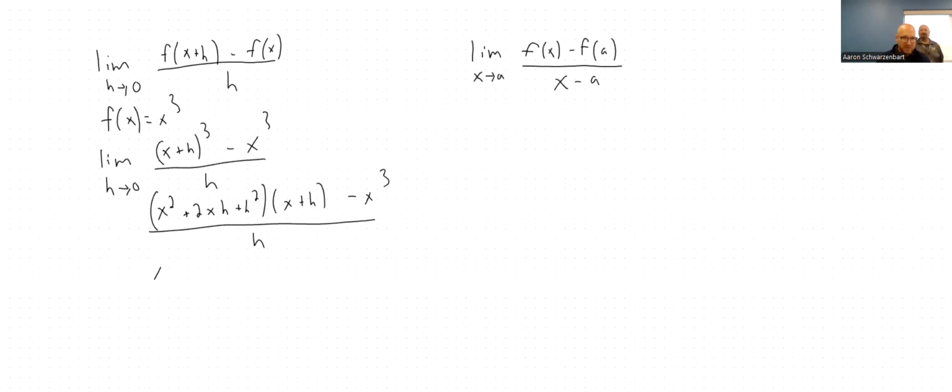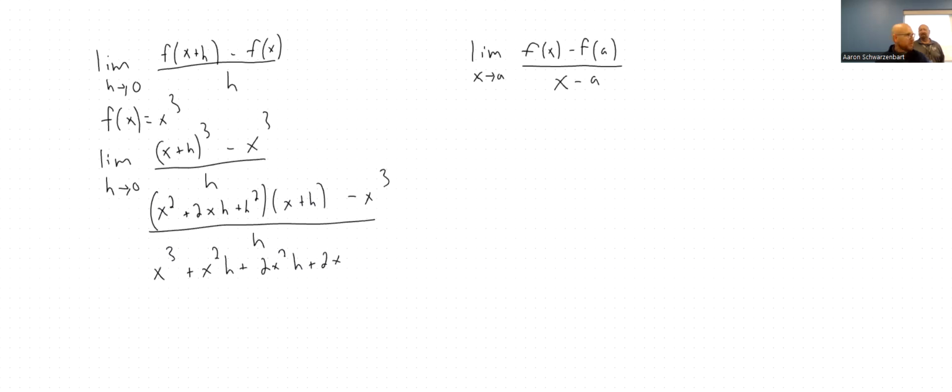Now I work it out, x cubed plus x squared h plus 2x squared h plus 2x h squared.